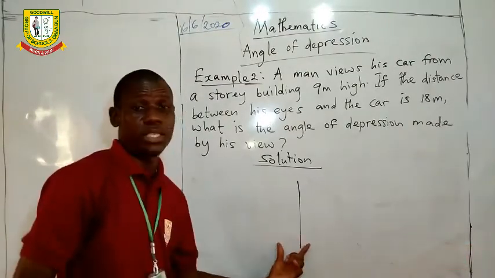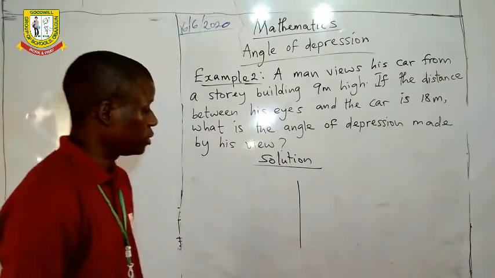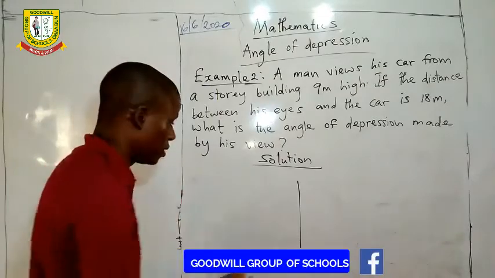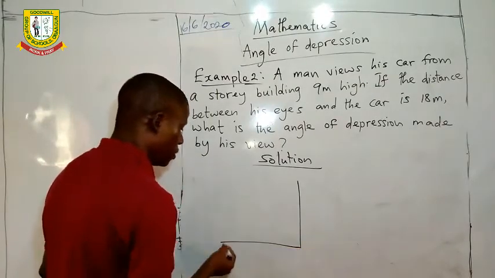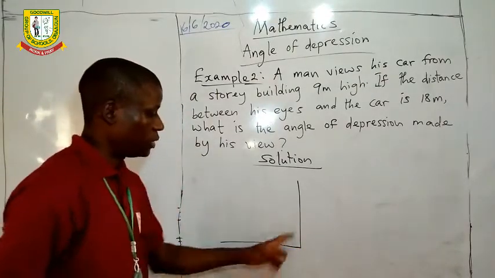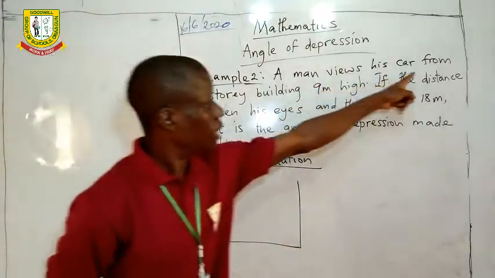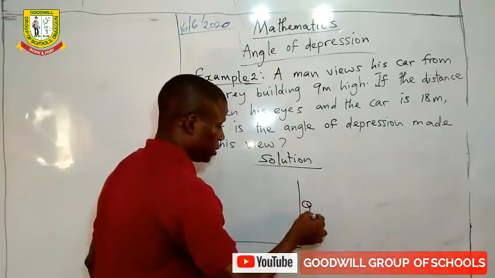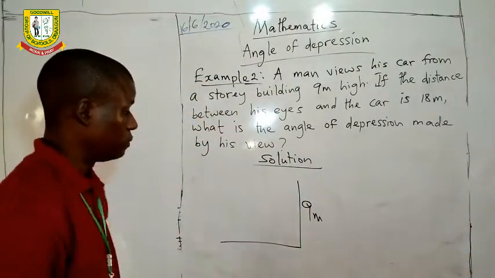And of course, the building is standing on horizontal ground. So this is the ground, this is our building, and the building is 9 meters high. So this is 9 meters right there.